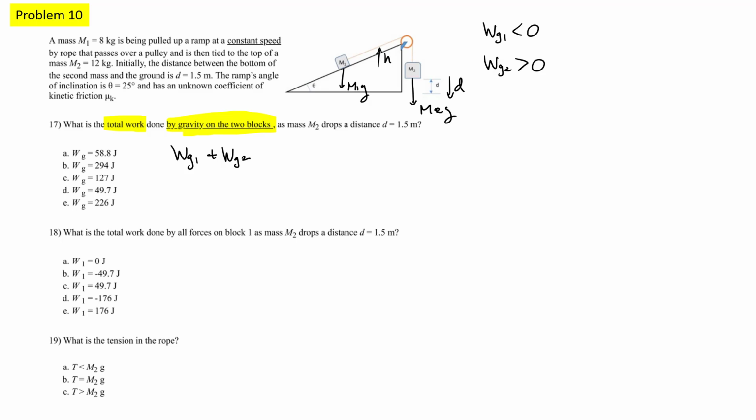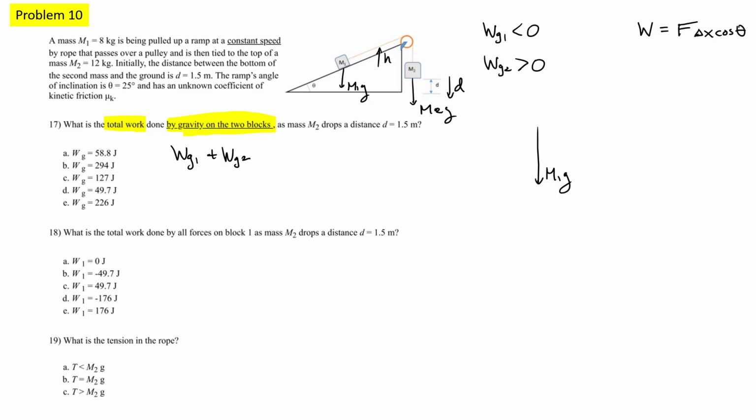All right, so how do you calculate the work? Well, for this one, I'm just going to say that the force is constant. So I'm just going to use this equation, the force, the displacement, and cos of the angle between both of those vectors. I can use this whenever there's a constant force. So this is what we have for block number 1. You have m1g, that's the force acting down.